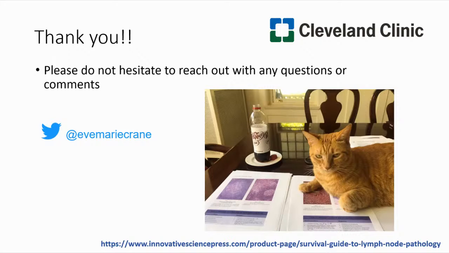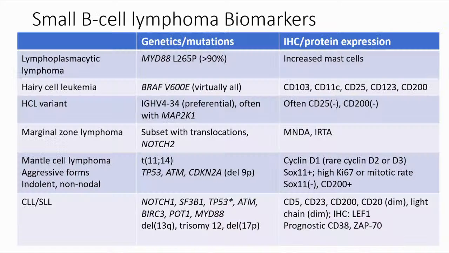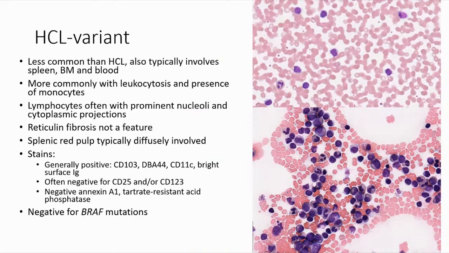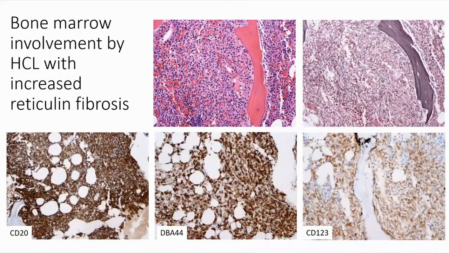But I think looking at the morphology, like if you look back to that example that I had, it looks very monotonous. Those follicles do not look normal. Then if you did Ki67 on that, you'd see that they have a very low proliferation rate. Oh yeah, here it is.